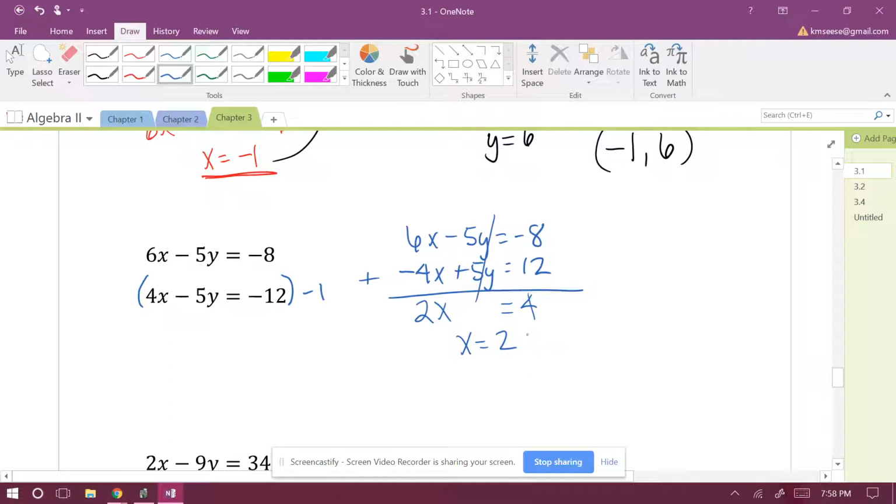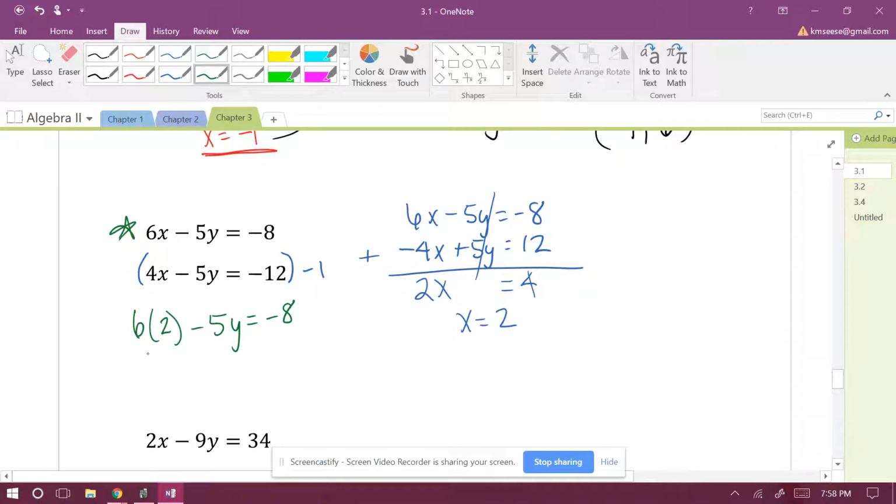I can now use that x equals 2 in any of my original equations to solve. So I'm just going to go ahead and substitute it back into this original one. So that's 6 times 2 minus 5y equals negative 8. 6 times 2 is 12, minus 5y is negative 8.